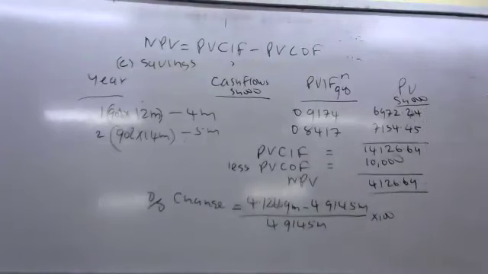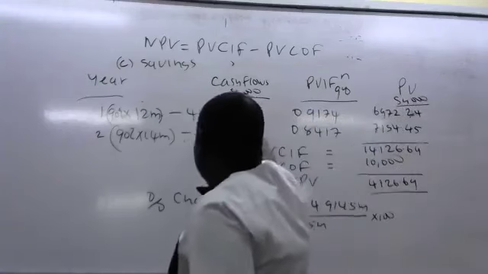So that means year one cash flow should be how much? This one comes to 6,800.